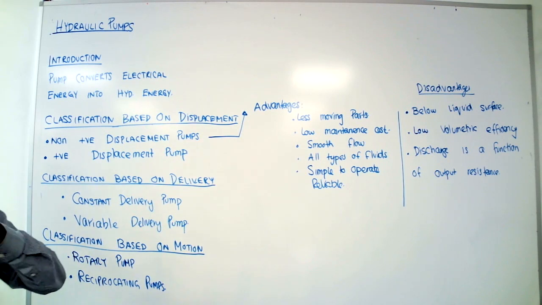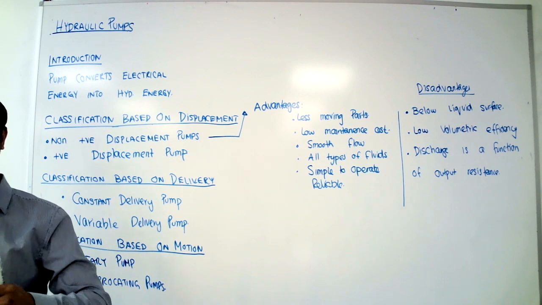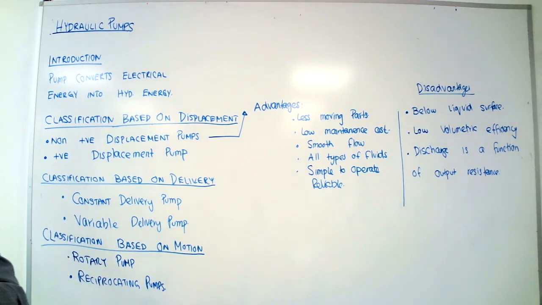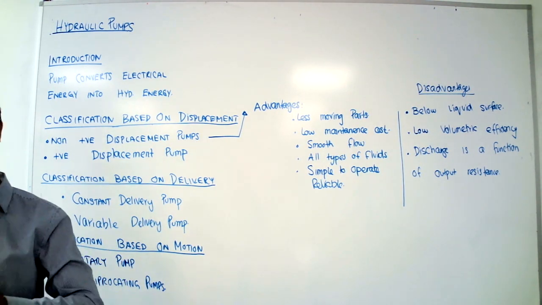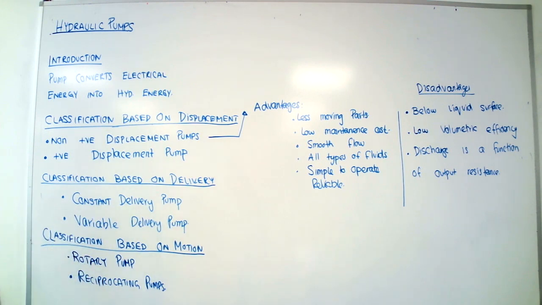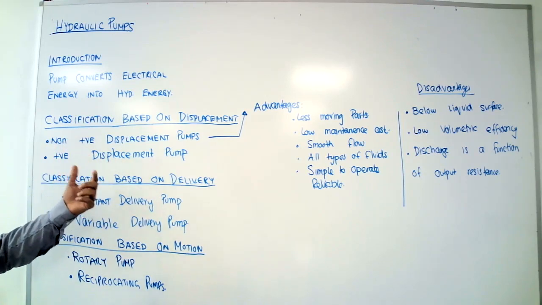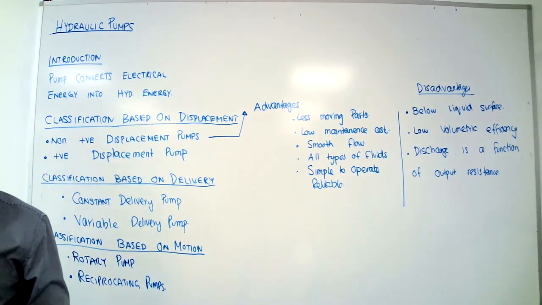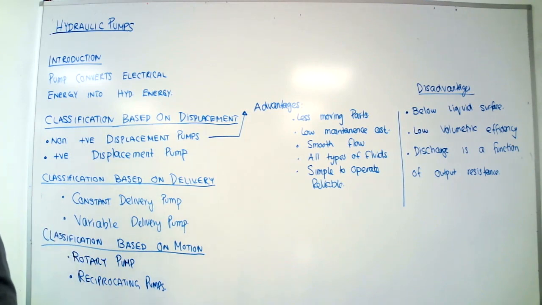For every fixed revolution or rotation, they only transfer a fixed amount of fluid into the system. I will upload the pictures of these pumps later as well, which you can have a look at in your classrooms.